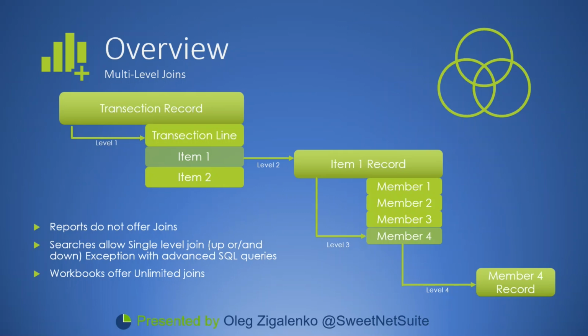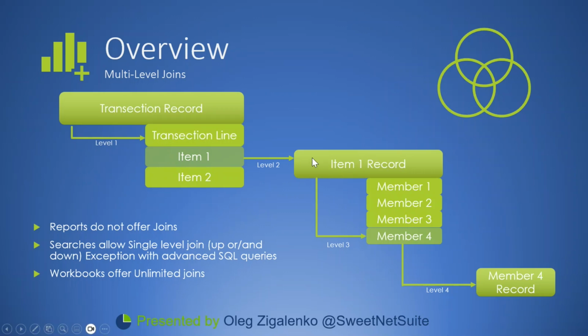So in this example, you can see the transaction record, which can be a sales order, and you can see the transaction line, which technically is already a level join, but you can see it. You scroll down, you see the transaction lines, and you see different items on that sales order. Now, if you want to see the details of this item one, you will have to right click and open it in a different tab.